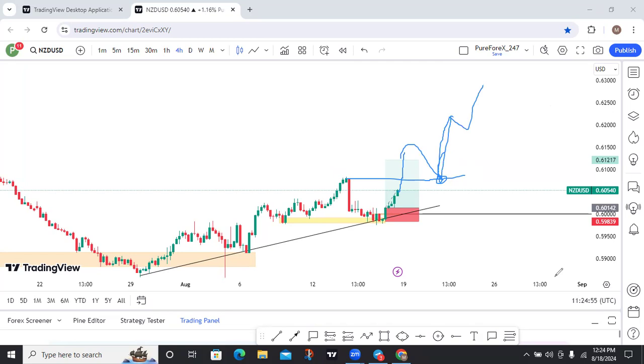Once you find your setup here, you enter and measure your risk to reward ratio. But for me, I like to enter from the M15, sometimes M30. I like to use a lower time frame to have a higher risk to reward ratio in such a way that if I can cash 2 trades in a week, it's going to be massive for me.